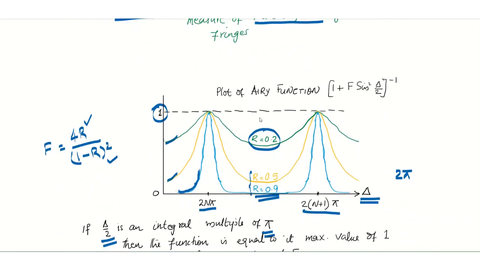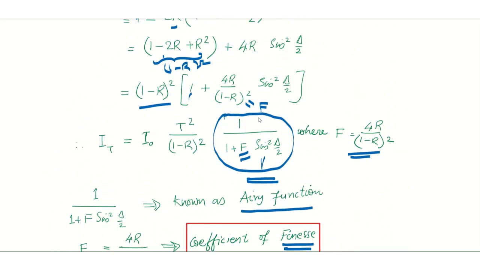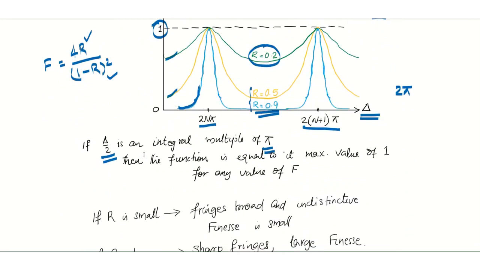Because delta by 2 pi means the whole term here goes to 0, and therefore the intensity I transmitted will be I0 for any value of R. IT by I0 in this case becomes 1.